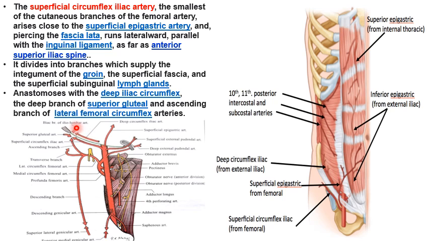These are branches of the internal iliac artery. So there is a communication between the internal iliac artery and the external iliac artery's branches. That is what the spinous anastomosis is.